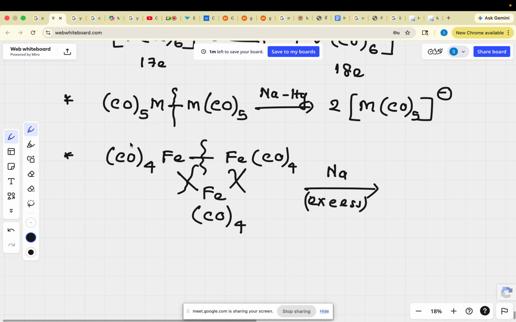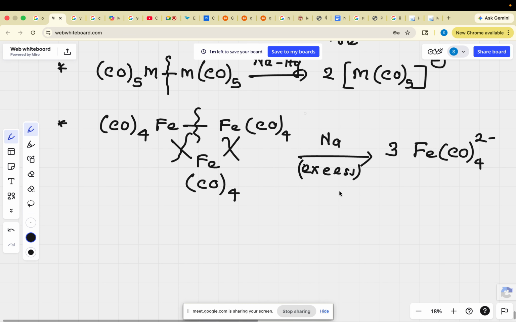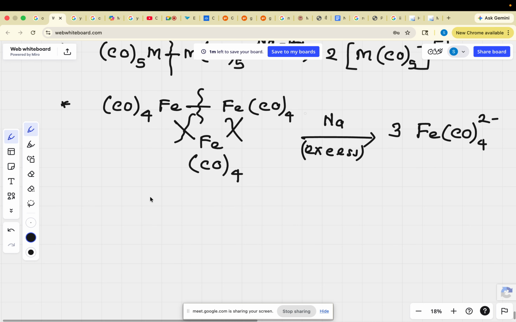Just look at one metal center, what is happening? You have Fe(CO)4, how many bonds are breaking? 2 bonds are breaking, right? So what I will get? Fe(CO)4 2 minus. How many metal centers do you have? 1, 2, 3, so make it 3 units of this Fe(CO)4 2 minus. You just check here, you will get 18 electrons. So this is your Fe3(CO)12.